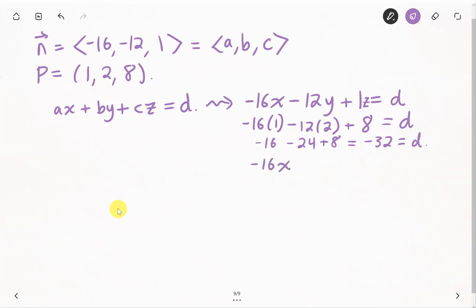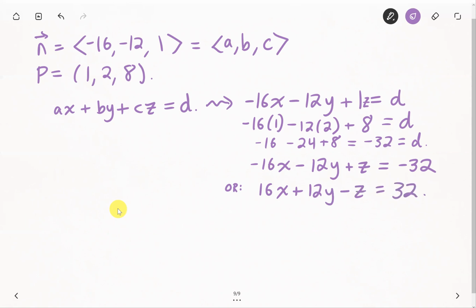So our final equation for the plane is negative 16x minus 12y plus z equals negative 32. Or if you don't like all those negative signs, you could just multiply both sides by negative 1, and we get 16x plus 12y minus z equals 32. And that's the equation of the tangent plane.